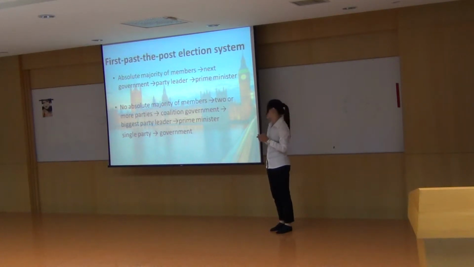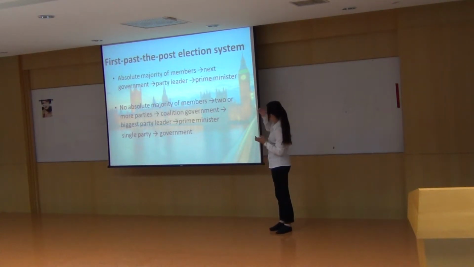The basic election system is the first-past-the-post system. They are based on a number of party members. If a party has an absolute majority of members, then they will form the next government, and the party leader will become Prime Minister.